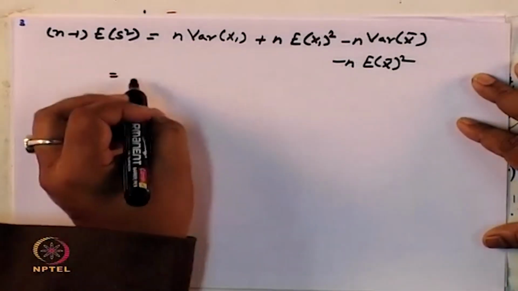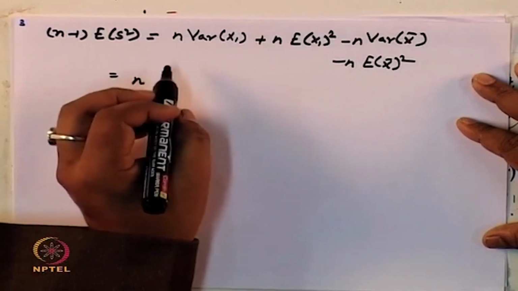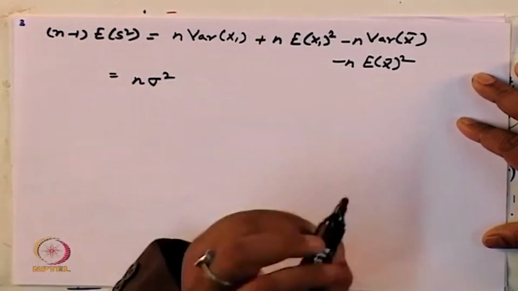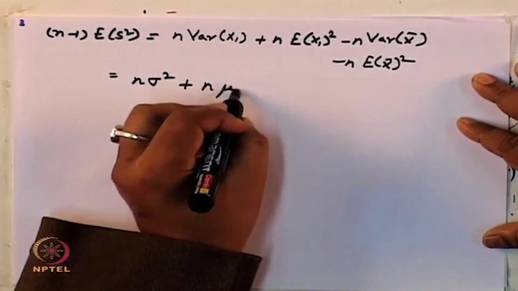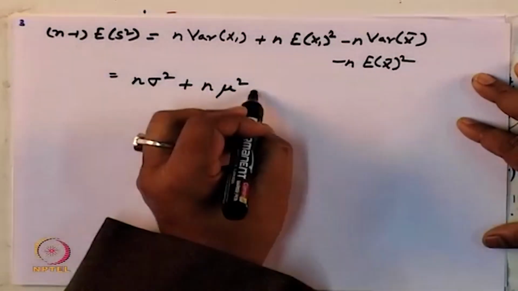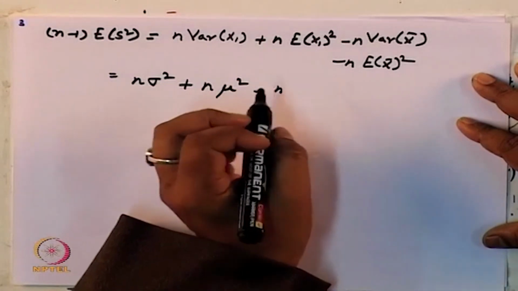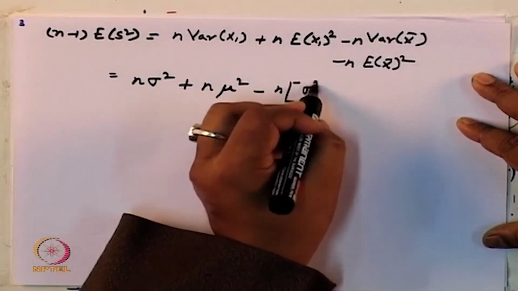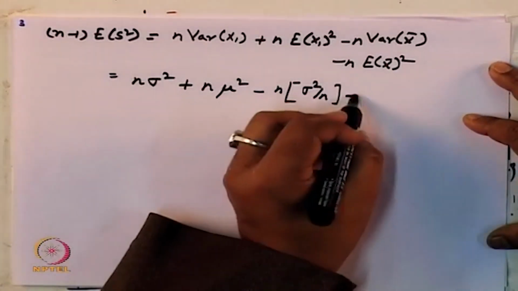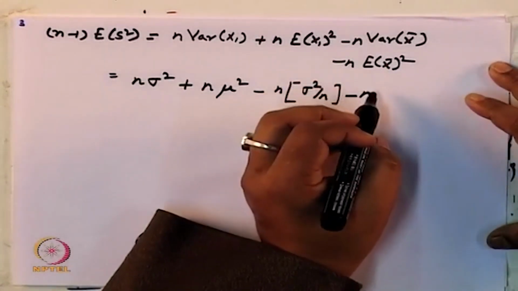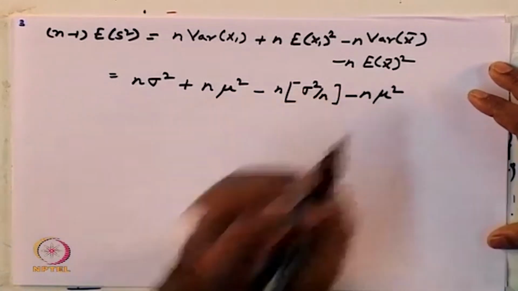Now I can simplify this. Variance of X1 is sigma square, and n times E of X1 whole square gives n mu square. X bar has variance of sigma square by n, which we derived, and E of X bar is simply mu, so minus n mu square.